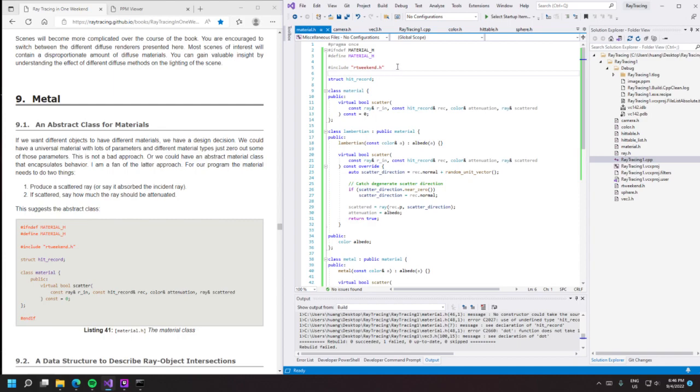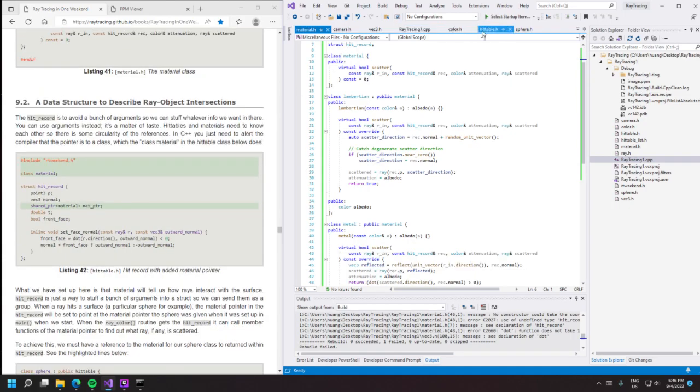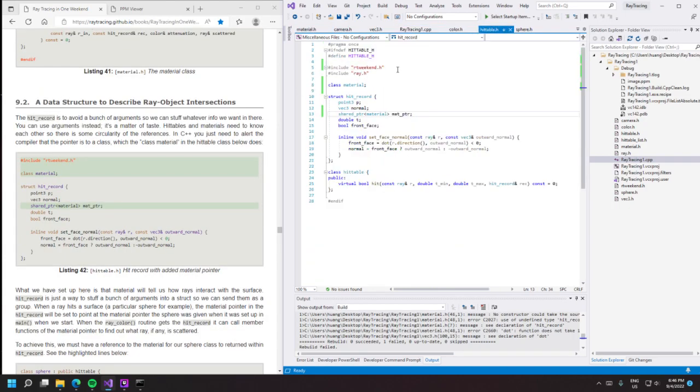So include RTH, and they should know this. And the material class is here, and the hittable should also know RT weekend.